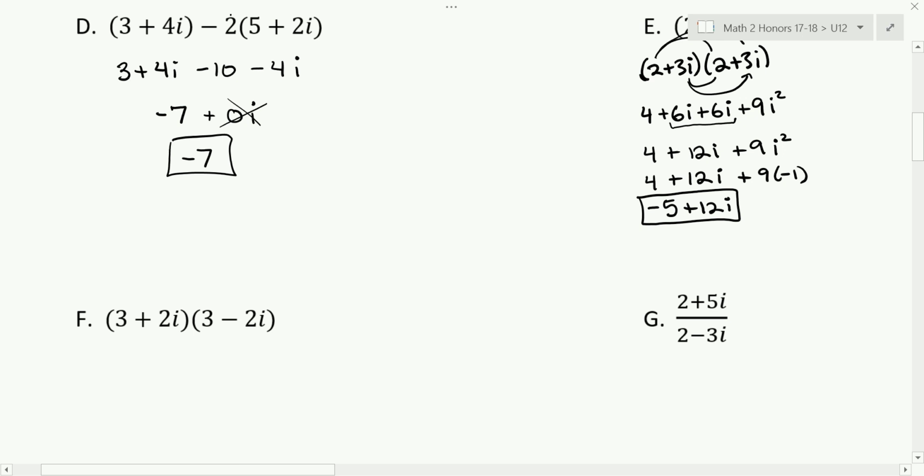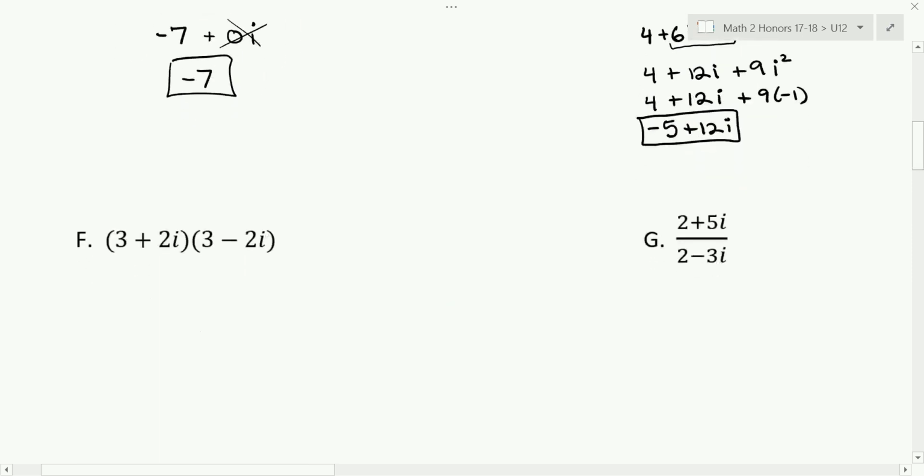The real number, right? So you multiply two complex numbers together that both have imaginary parts, but all the imaginary stuff goes away, you get a real number. Because 3 times 3 is 9, 3 times -2i is -6i. 2i times 3 is +6i.